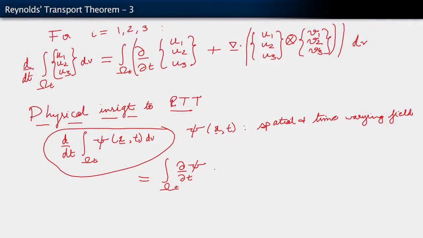So we have this region in space at a particular instant in time. The first term in that integral is simply how psi is changing at every point in this domain, the partial time derivative of psi. But there is a second term, and that second term is a divergence term.